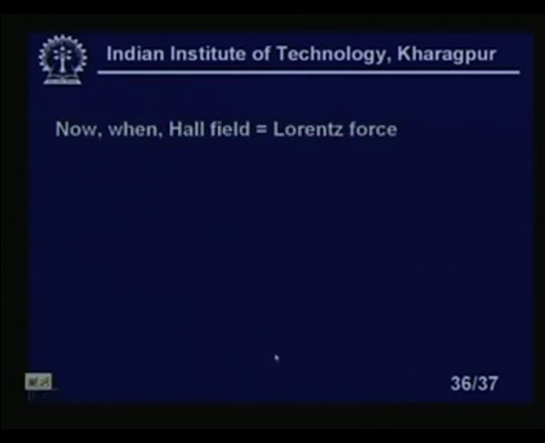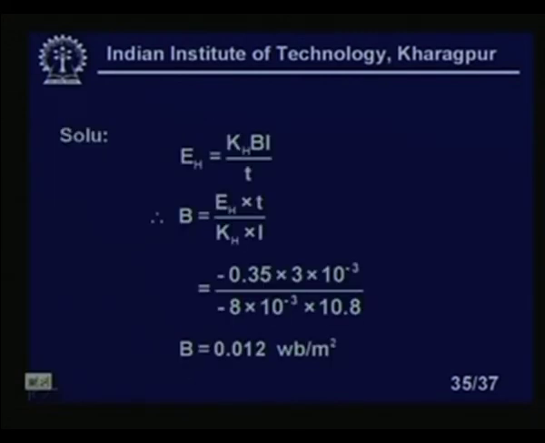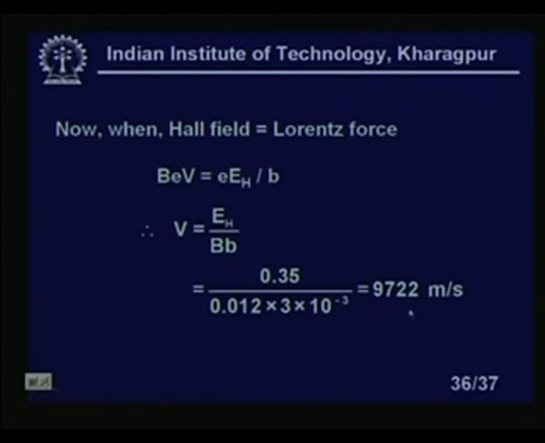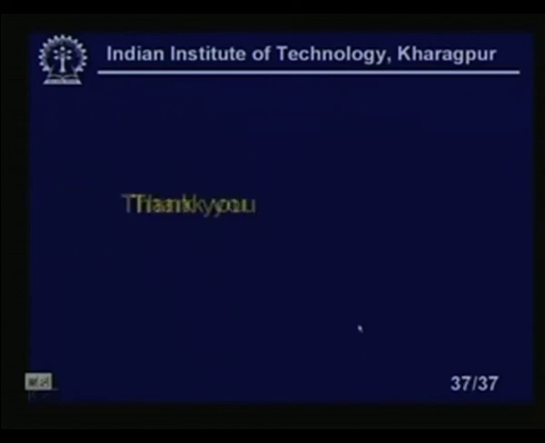Now, the Hall field and Lorentz force must balance. So, I can write E_H equals B v, where v is the velocity of the electrons inside the Hall sensor. So, v equals E_H by B b, where b is the dimension of the Hall plate. This will give you the speed of the electrons as 9722 meters per second, right.